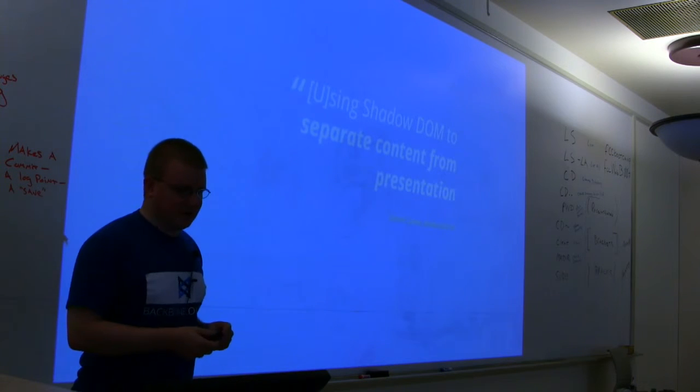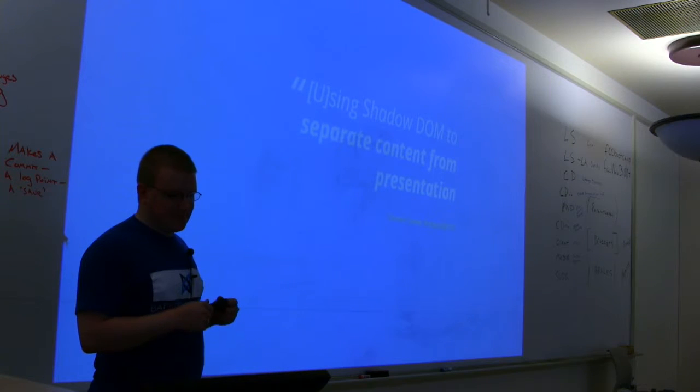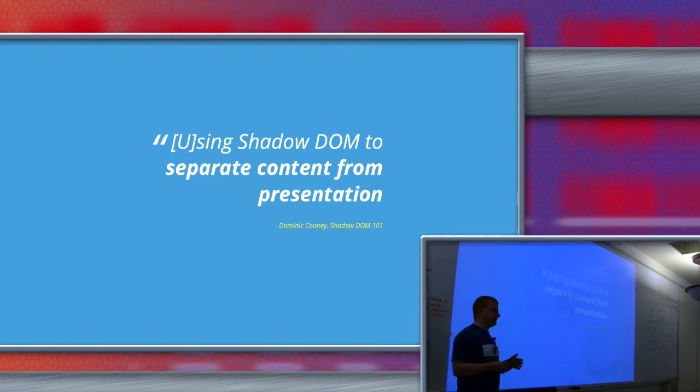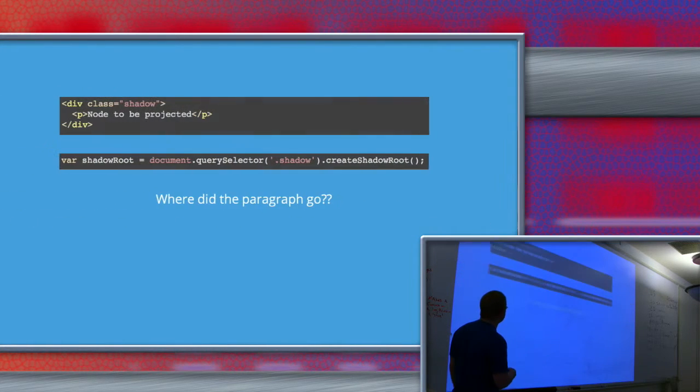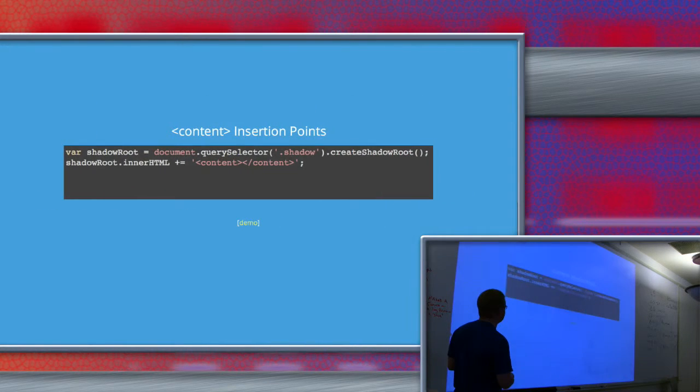In talking about this feature, content, I ran across this quote. It says, using shadow DOM to separate content from presentation. This idea that here we have our content, the content that we want within our component, the content that we're passing in, but we're separating that from what's actually in our component, right? We're just saying this little placeholder.